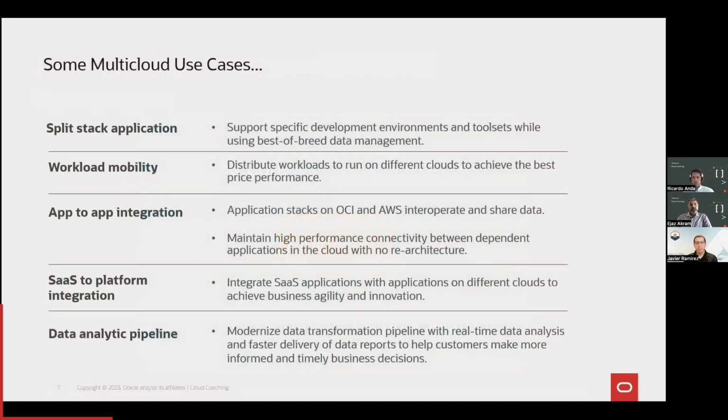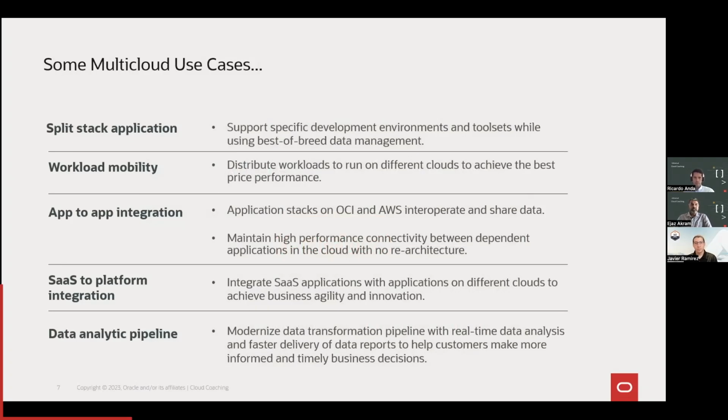Some of the multi-cloud use cases which we have seen are quite common across all the industry verticals. The very typical one is split stack application, where customers run a specific environment for their key services, which could be for data management, security, or analytics, but you could have your application deployed in a split stack mode.